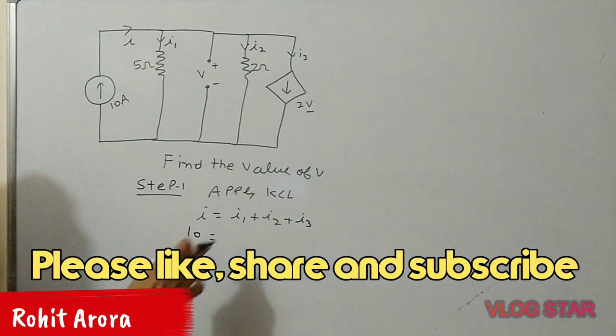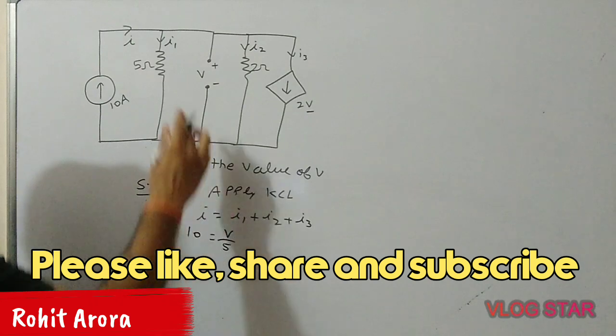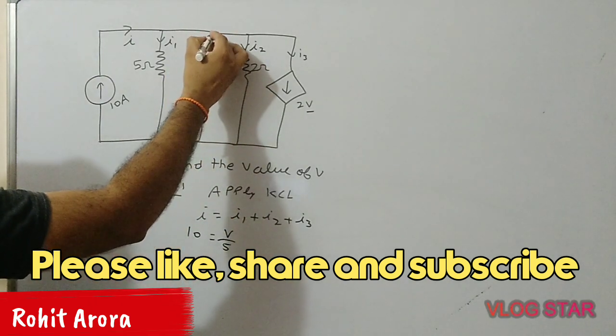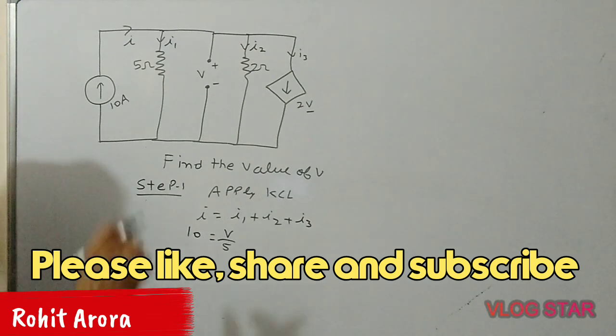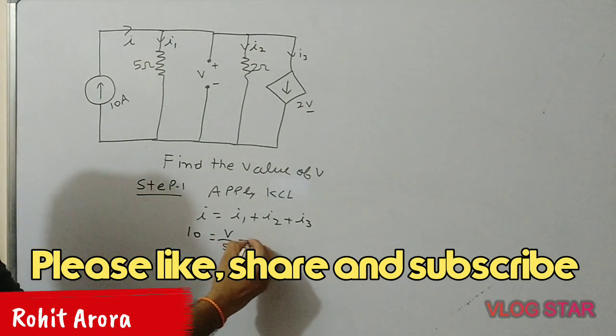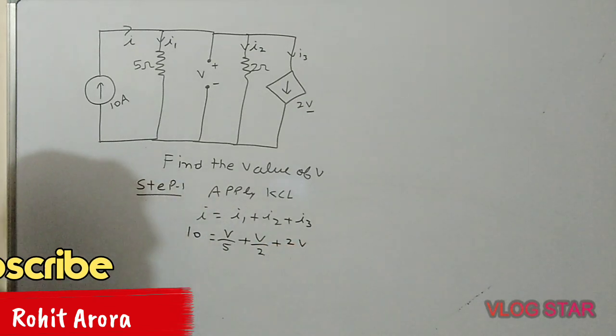Now, what about I1? I1 is V by 5. This V means at this position, this position, and this position. Same, I2 is V by 2, plus 2V.